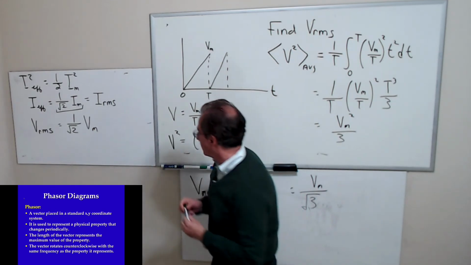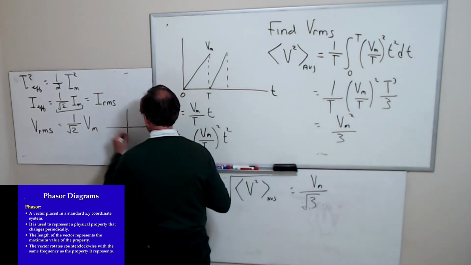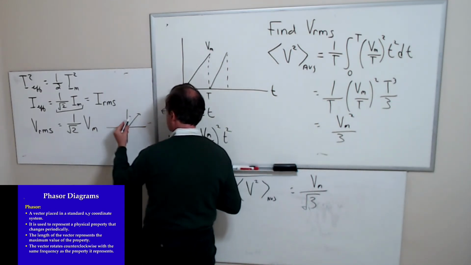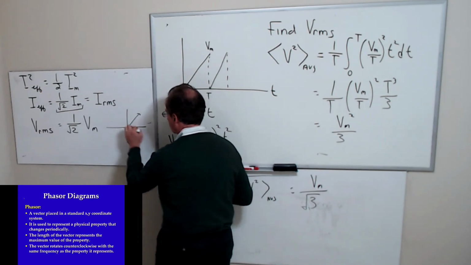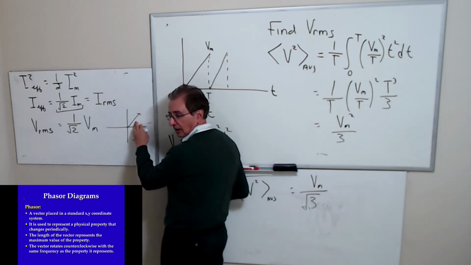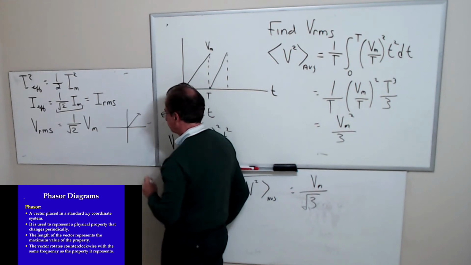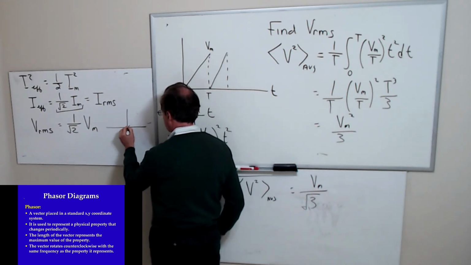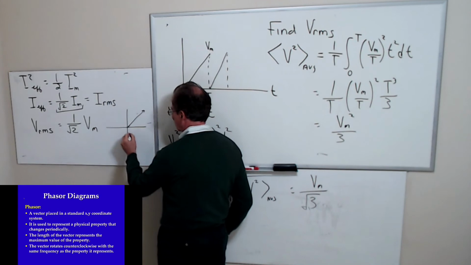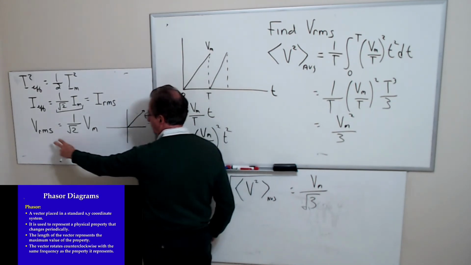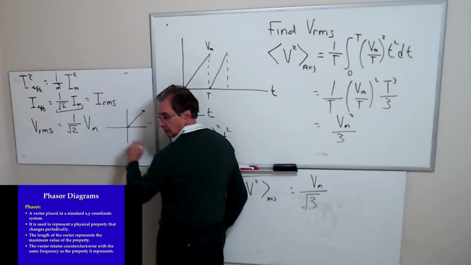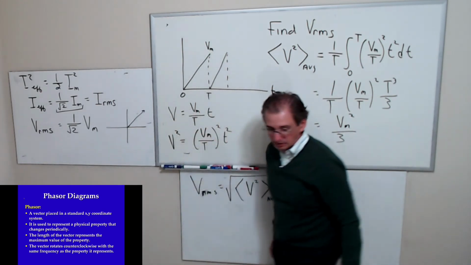You can imagine this vector rotating 60 times a second, and we're only looking at it at one instant in time. The length of this vector, for example, would represent V max.